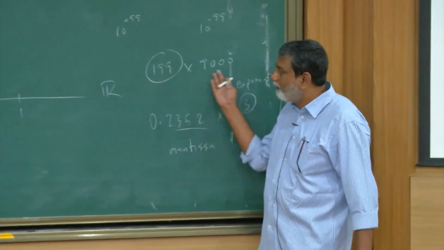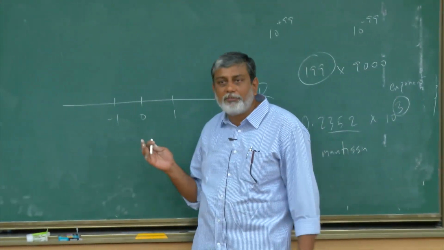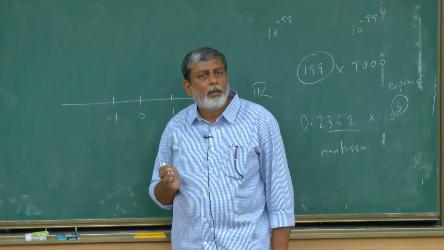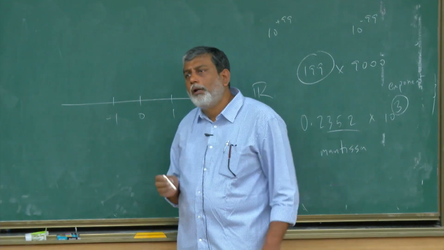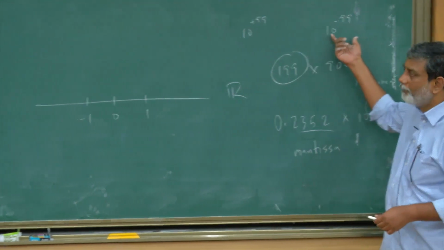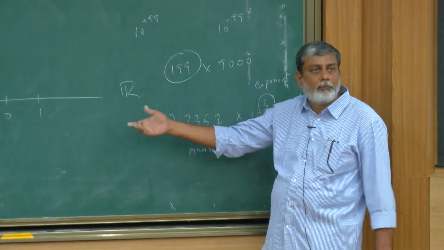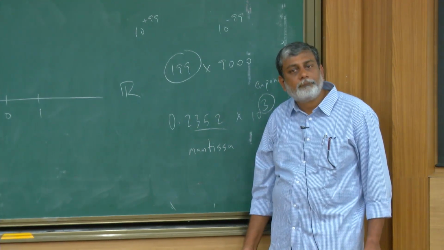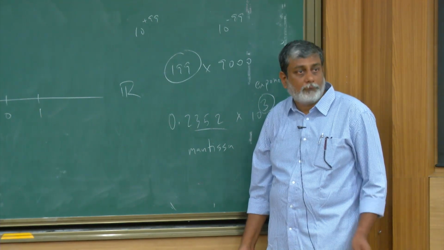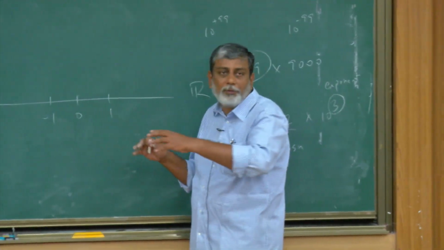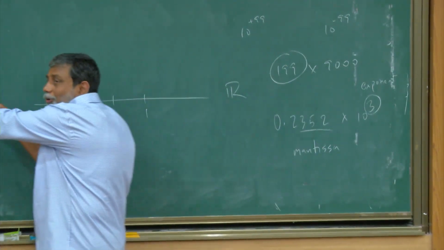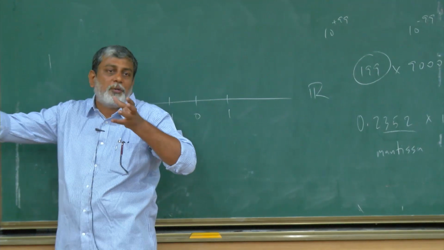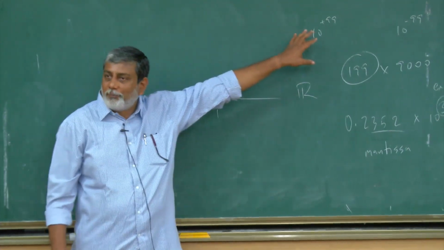In fact, half of these numbers are between minus 1 and 1, all those with negative exponents. So this is not even equally distributed. As you go to larger and larger numbers, there are very few numbers that you can represent in this computer.